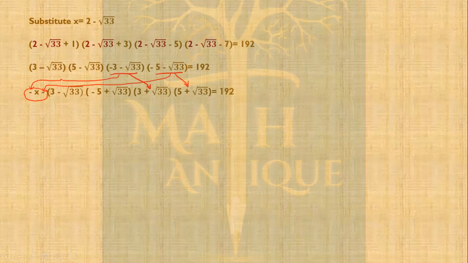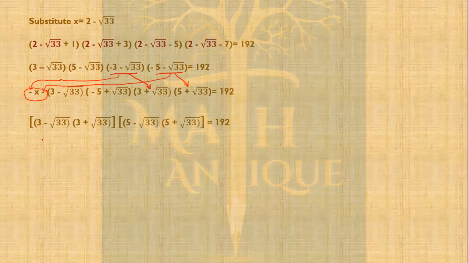Now after simplification, we will take these two together and these two together because it will make the formula a minus b, a plus b. This is a, what is a here? 3. And what is b? Under root 33.